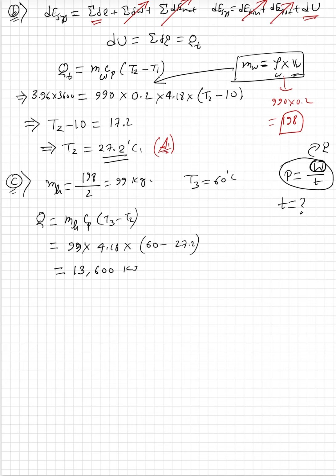So here the heat energy we got is 13,600 kilojoule. Now we are making it in kilowatt hour, so it would be divided by 3600, and you will get 3.78 kilowatt hour.